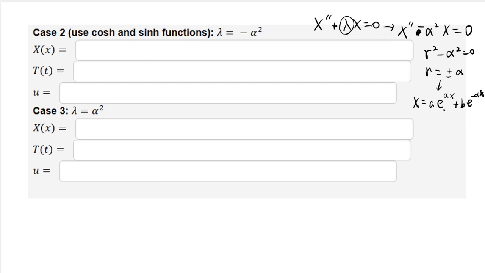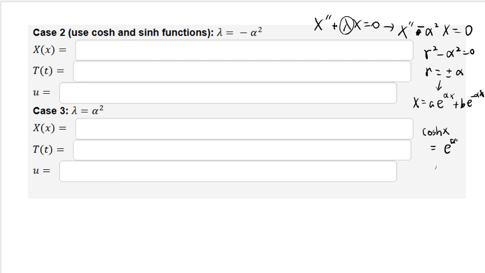However, these functions are not so great when you try to use them for solving partial differential equations, notably because they're neither even nor odd. So instead of these, people come up with cosine hyperbolic of x, whose definition is basically the symmetrized version.